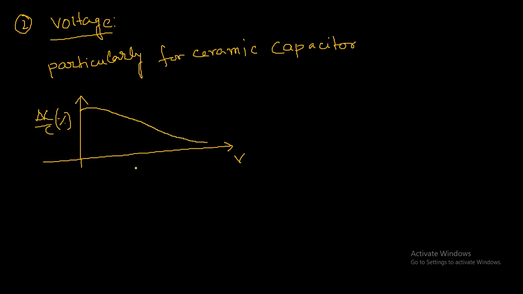If you apply more and more voltage, your capacitance is further reduced. This effect is called the DC bias effect.